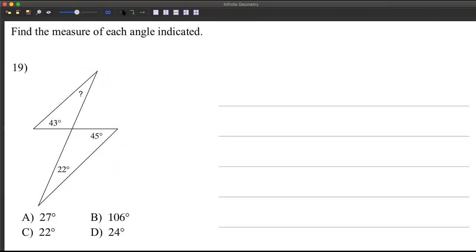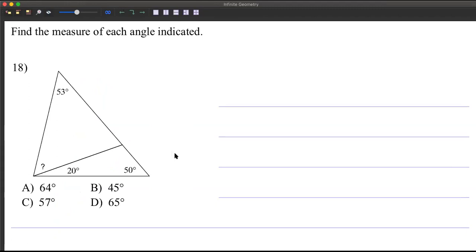Okay, so for some of these towards the end, you just have to get a little creative. Check out this one. You could do this two different ways. This diagram has three triangles in it. Do you see them? You've got one triangle, two triangles, and then the whole big one is a third triangle.